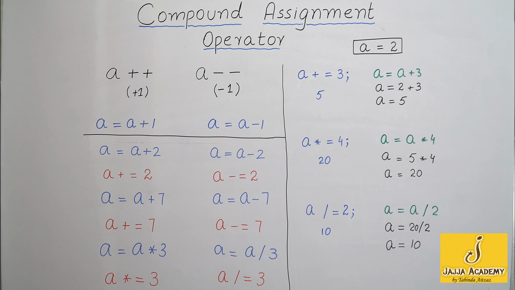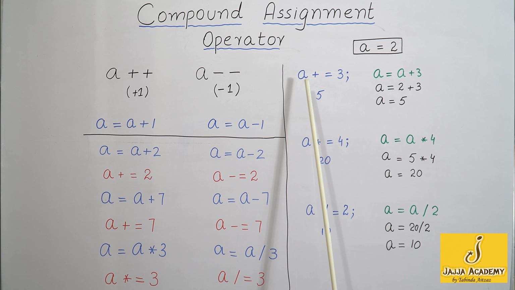Now let's see how the compound assignment operators are evaluated. If I write these three statements, statement 1, statement 2 and statement 3, one after another in a C program, let's see how these statements work. Suppose initially the value of A is equal to 2.